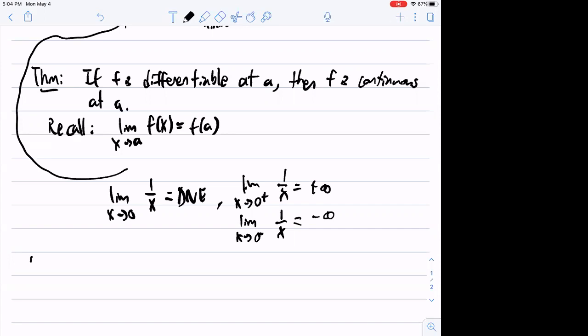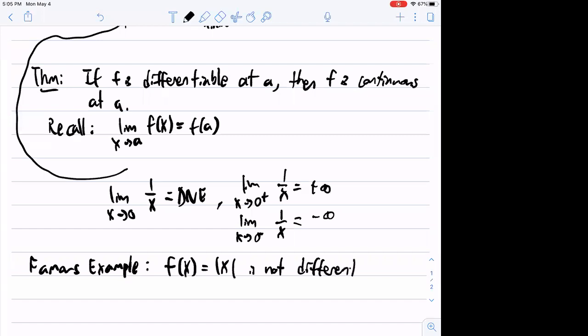So, a famous example: f(x) equals absolute value of x is not differentiable at 0 but continuous everywhere, right? So the opposite is not true. So you have continuous functions that are not differentiable.